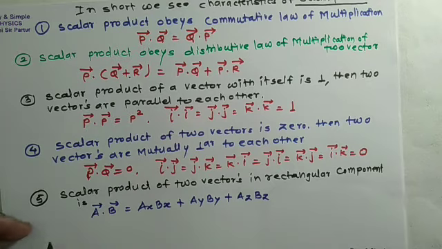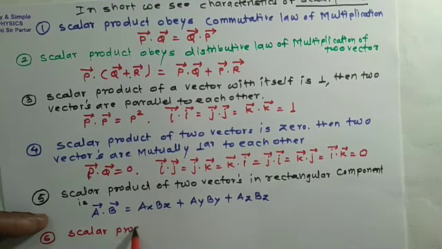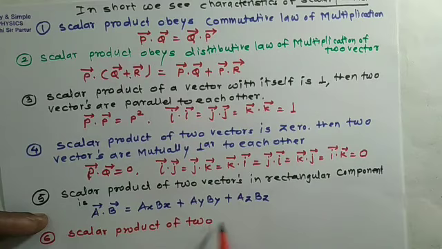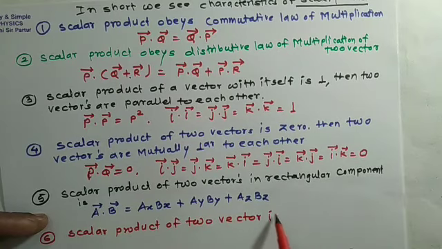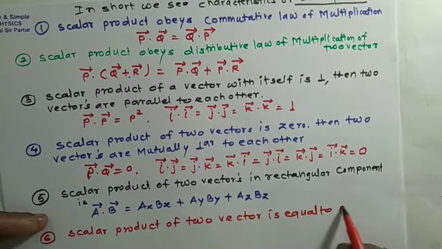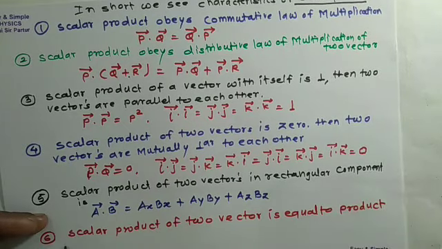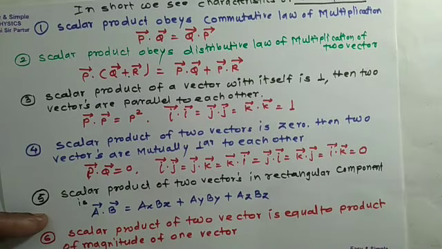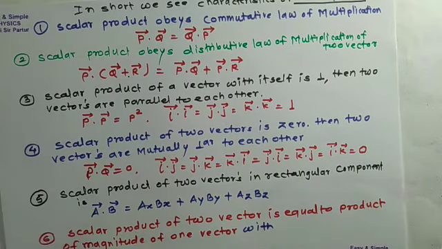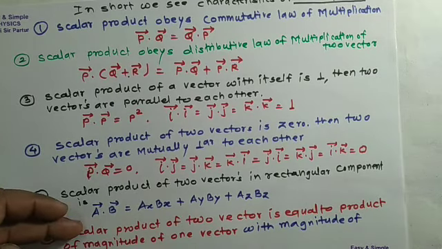And lastly, finally, we can see that scalar product of two vectors is equal to product of magnitude of one vector with the magnitude of component of another vector.